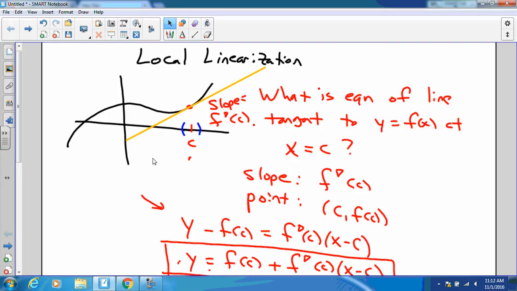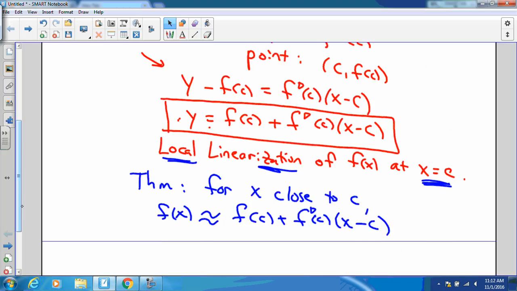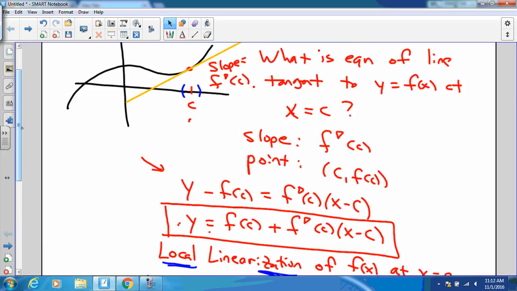Now here's the thing. For x's that are close to c, notice that visually I can hardly tell the difference between the black f of x and the yellow tangent line. That visual representation is saying exactly what we say here. For x close to c, f of x is very close to the local linearization. Now come back and look at x's that are far away from c, like over here.